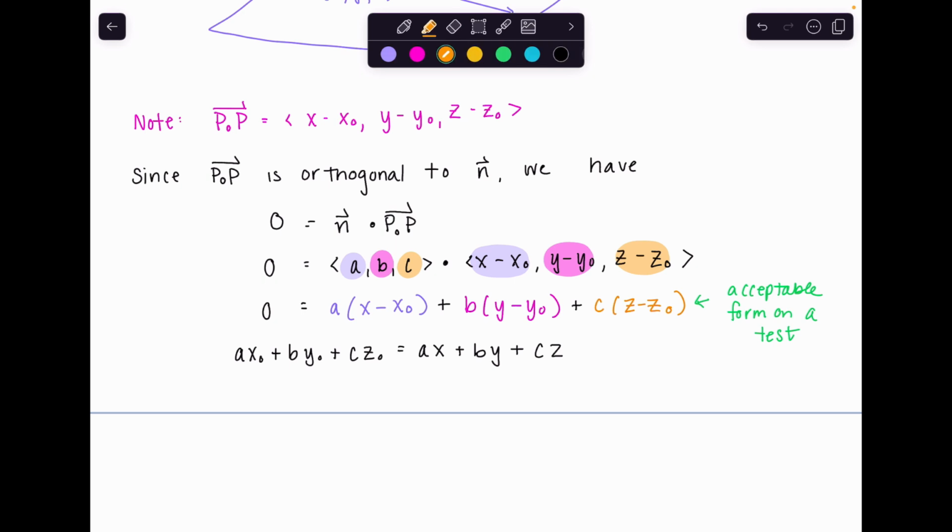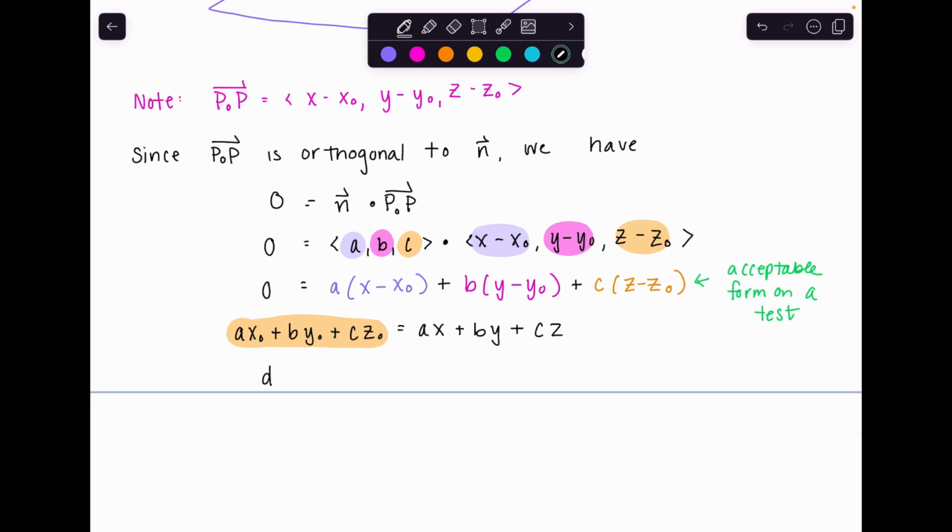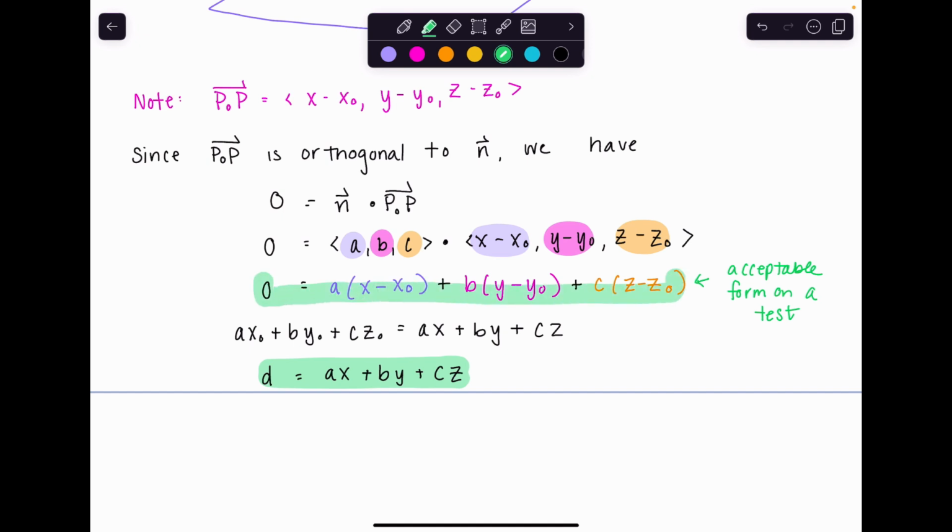But realistically then over here, these are all constants. So instead of writing all of that out, we'll just rename it to D. Okay. So this format here is the standard form of a plane. So this one, fine on a test, but this one is the standard form of a plane.